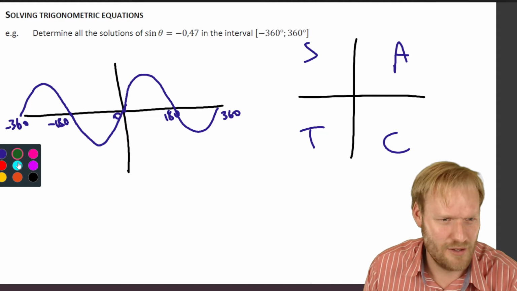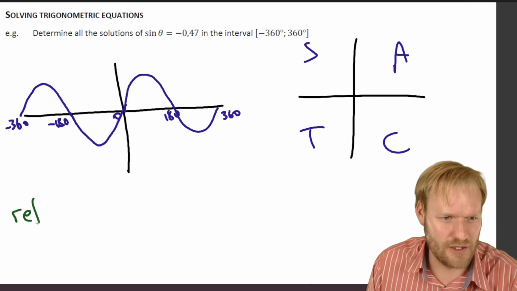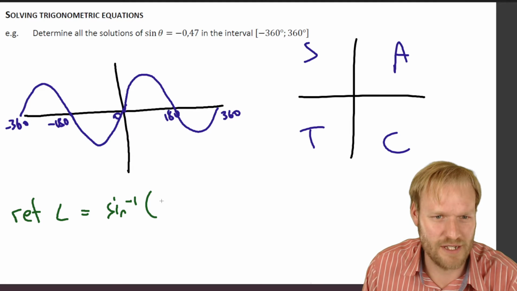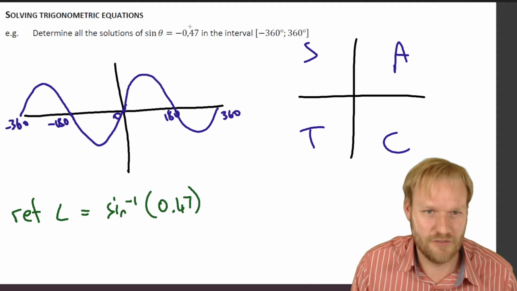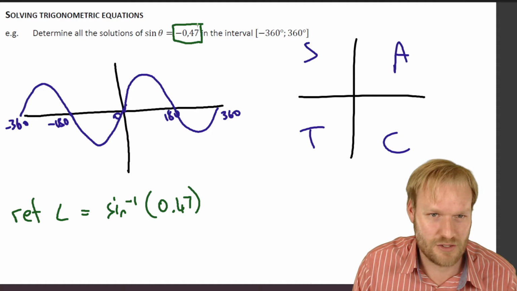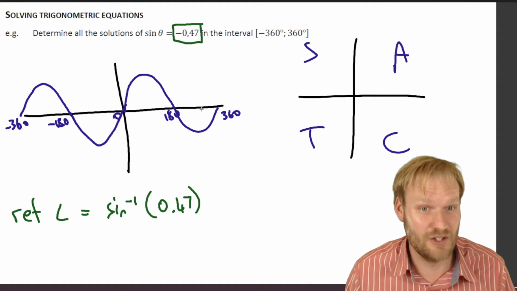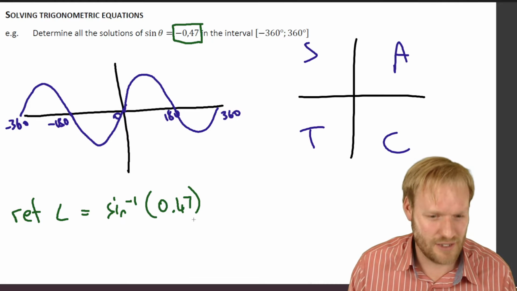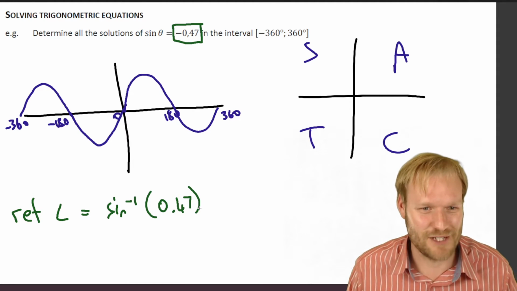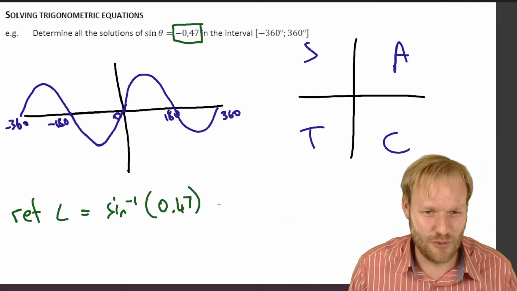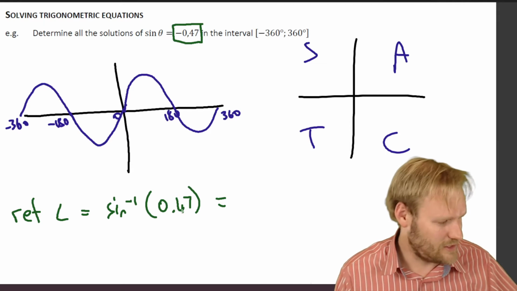Remember, when we did this before, we found our reference angle by going arc sine, which we called shift sine, of the positive value. Here's what sine is. It's a negative value, but we're going to take shift sine of that to get our reference angle. Calculator out.